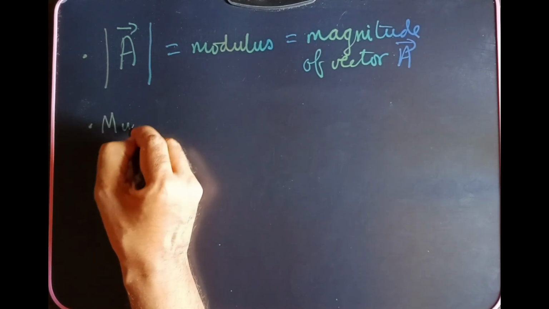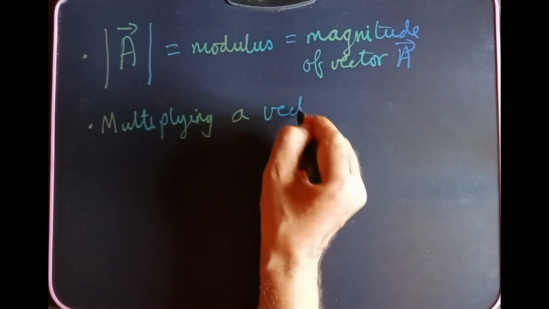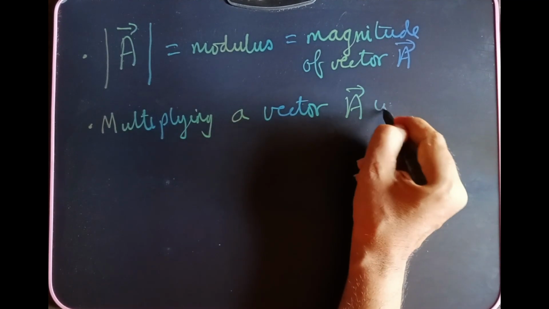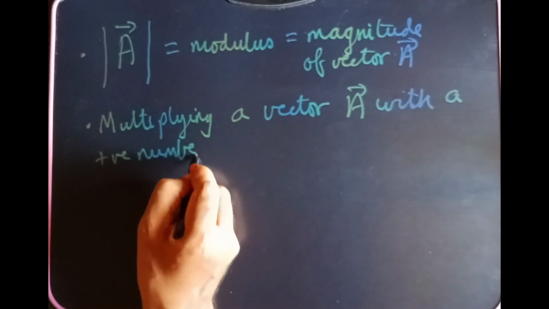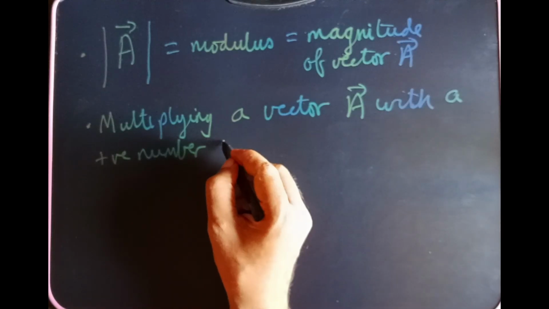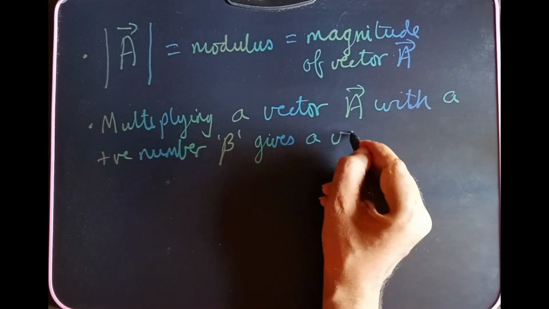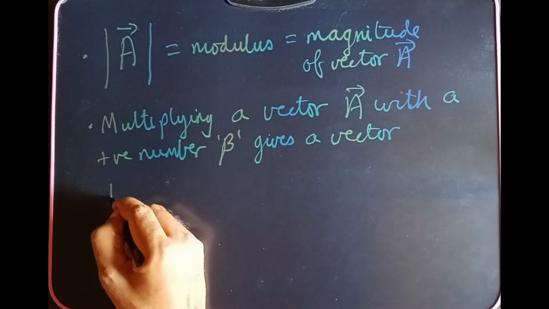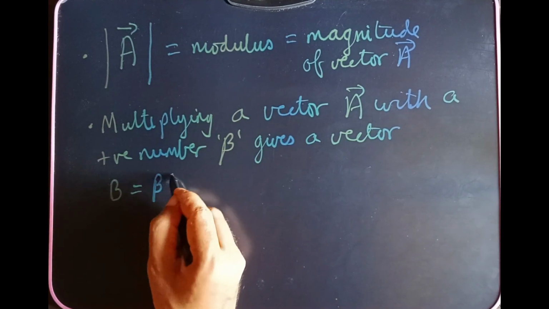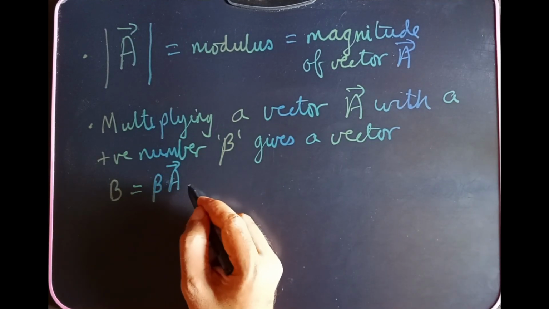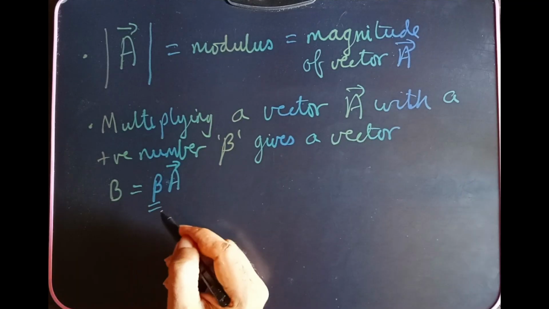Multiplying a vector A with a positive number, let us say the positive number is beta, gives another vector called B, which is equal to the magnitude of vector A increased by beta times A. That means the magnitude of A has changed by a factor of beta.